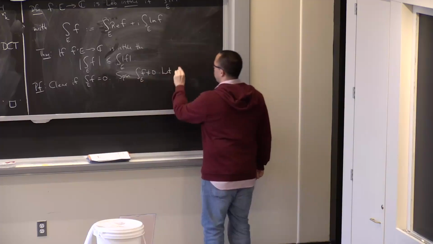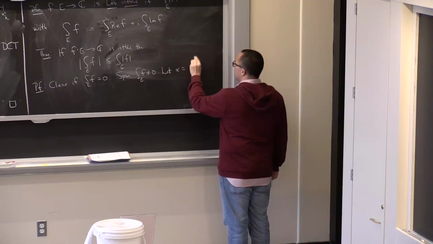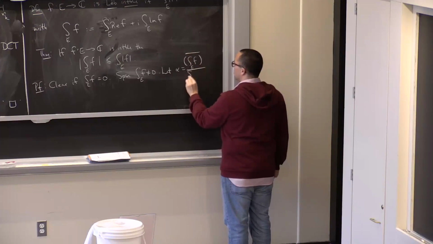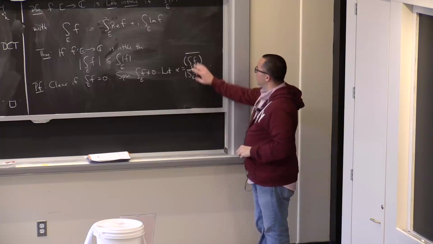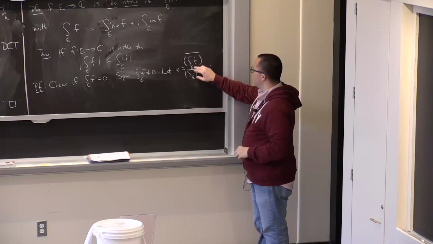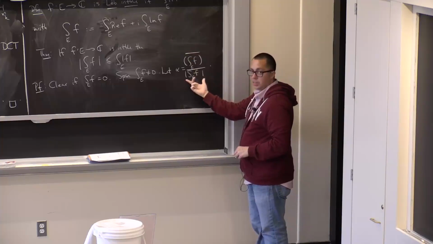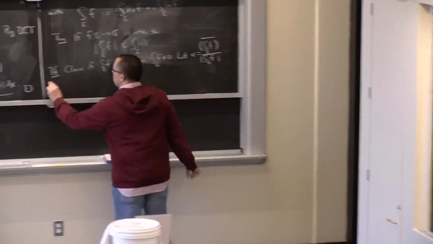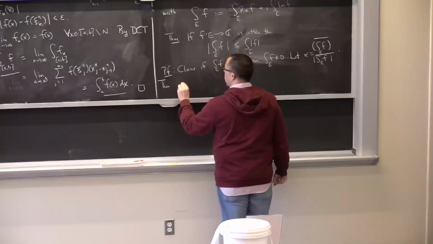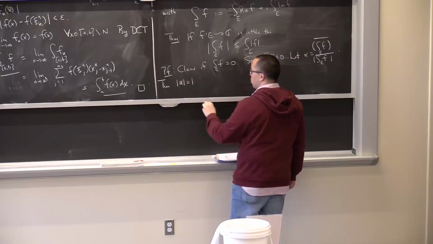And let alpha be the following complex number: the complex conjugate of the integral of f over E, divided by the modulus of the integral of f over E. Okay, so the integral of f over E is a complex number. I take its complex conjugate, and I divide by the modulus of that. Then alpha has modulus equal to 1.